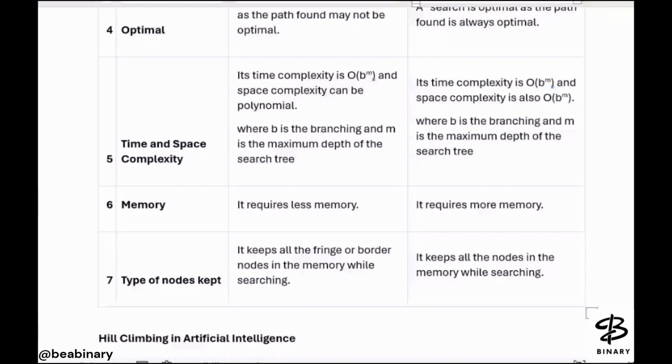What requires less memory? The BFS requires less memory because it doesn't require memory for the past functions, or the past knowledge. But when we are talking about A asterisk, it requires more memory for the past knowledge also. It keeps all the fringe or border nodes in memory while searching, and it keeps all the nodes in memory while searching.